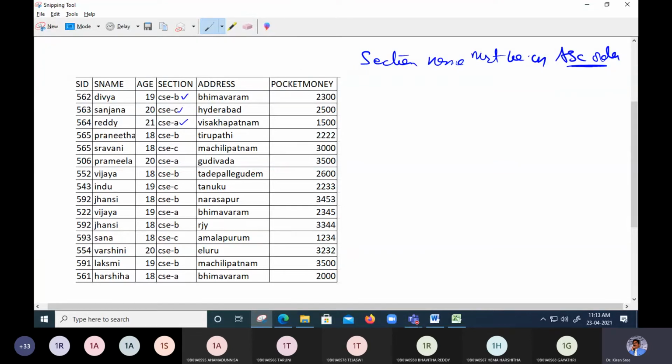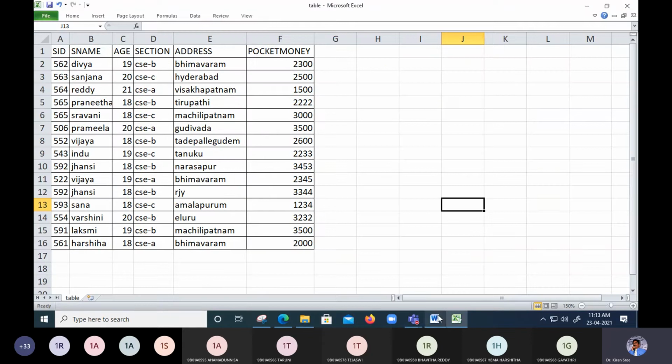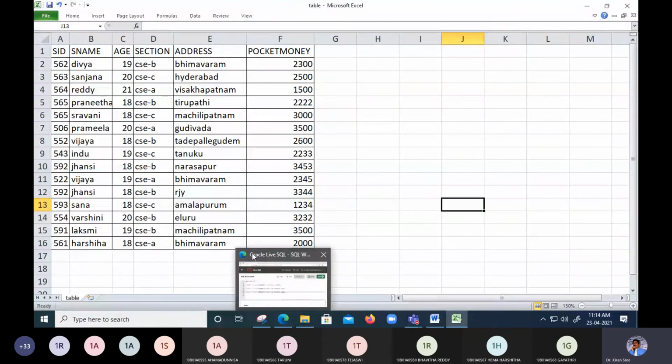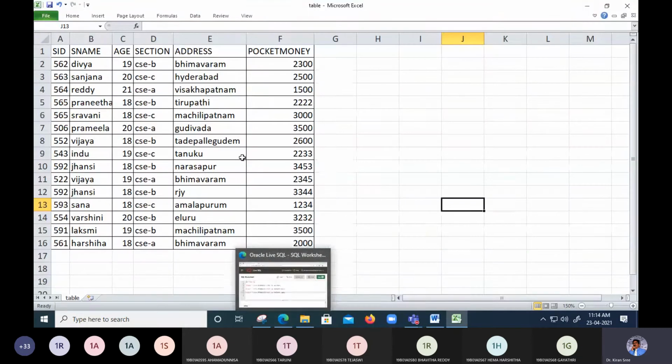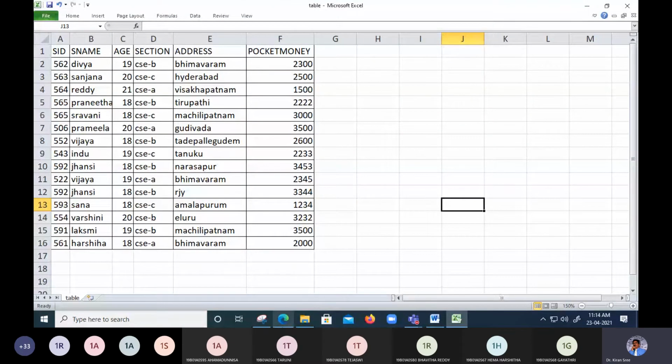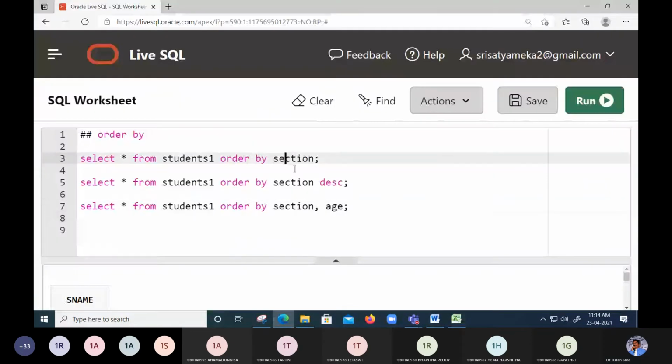By default, order by will put things in ascending order. That means I want section A, section B, section C. In this model, I want the results. So for that, I am going to use the SQL command as follows. Select star from student 1 order by section.